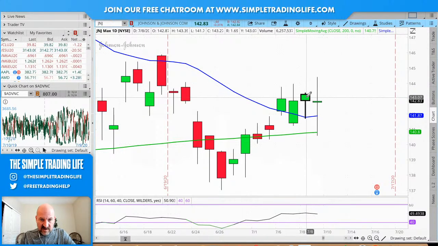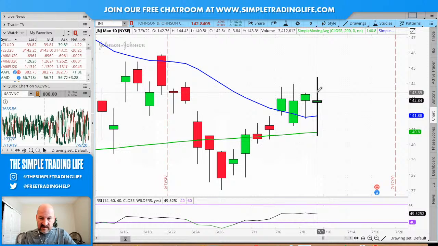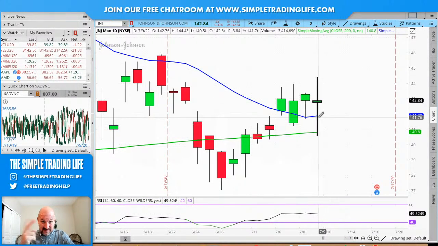So you could have taken 143.40 up to 144.43, so $1 that way, and then when it reversed, you could have taken it right here at 142.75, we'll say, down to 140.58, $2 this way. Okay, so this is another one that would have been a double winner.